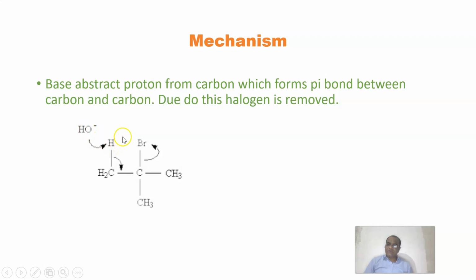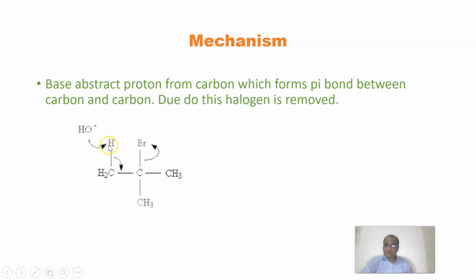So hydrogen is an electropositive center, and oxygen is an electronegative center. This oxygen abstracts a proton from this CH2. This CH2 is the beta carbon, and this C is the alpha carbon, because it is attached to a halogen. So it abstracts a proton.